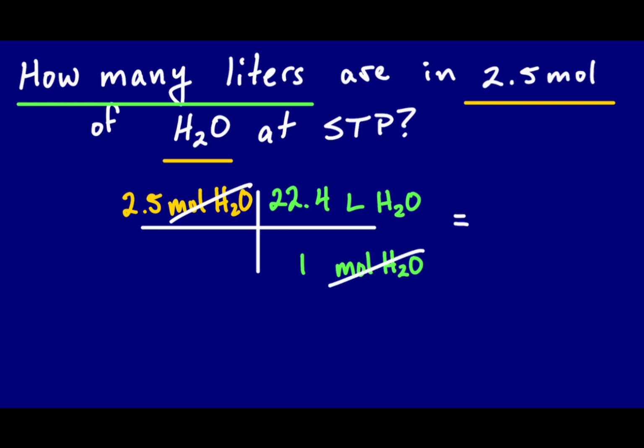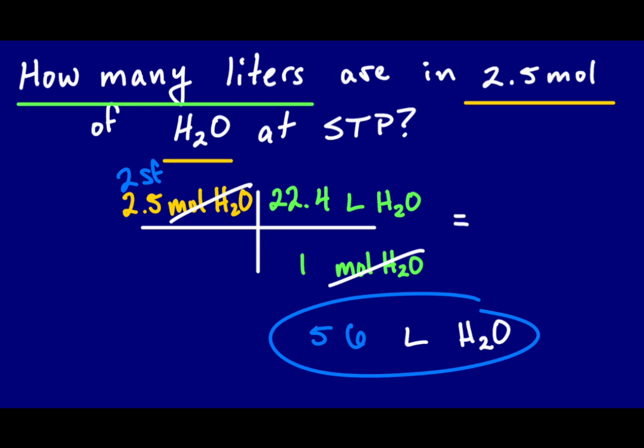Moles of H2O cancel because they're diagonal, leaving us just with liters of H2O, which is what we want. Now we just have to think, is this multiplication or division? The value for our converting factor is in the numerator, so that's going to be multiplication. We have 2 sig figs for our given value, so our final answer should also be 2 sig figs. So we have 2.5 times 22.4, which gives us 56. So we have 56 liters of water for 2.5 moles of water.